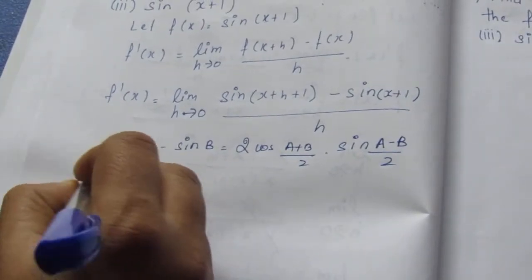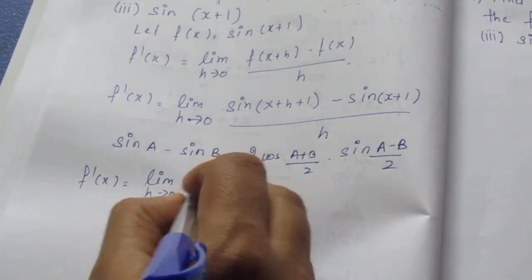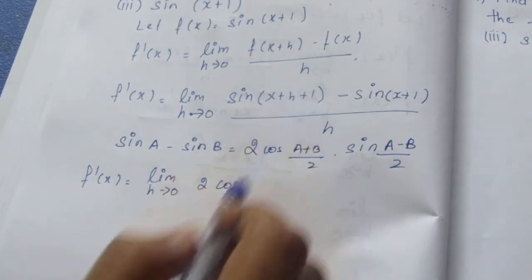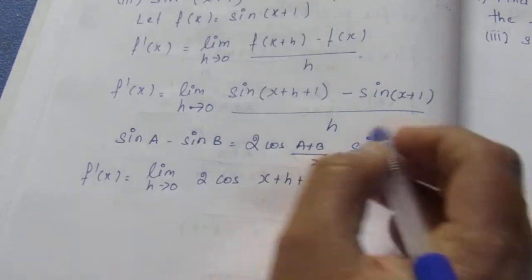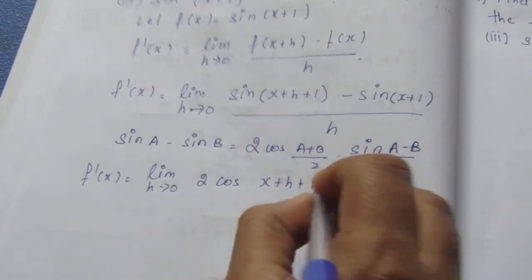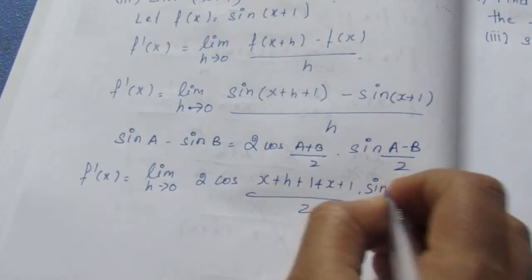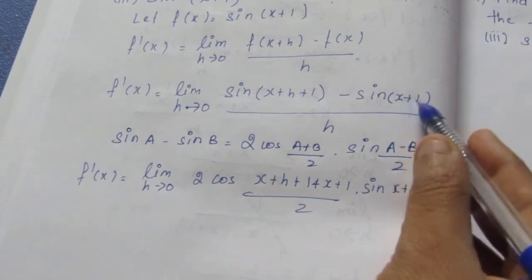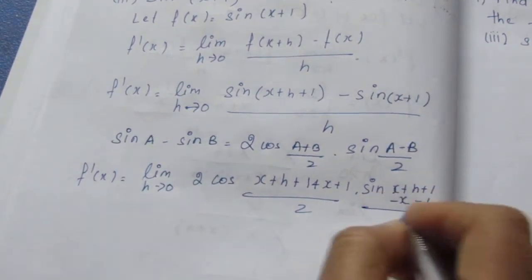So f dash x is equal to limit h tends to 0 of 2 cos, here a is x plus h plus 1 and b is x plus 1, so x plus h plus 1 plus x plus 1 by 2, into sin, the same way, x plus h plus 1 minus x plus 1 by 2. Here minus means you need to write minus for both the x and the 1.